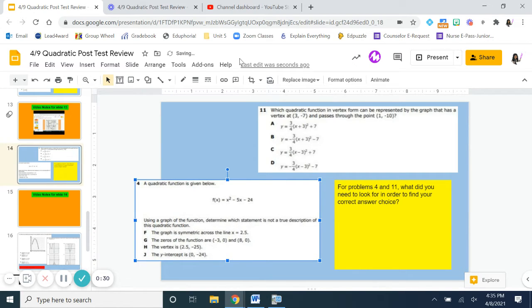All right. So I need a statement that is not a true description, okay? It also tells me that I have to look at a graph of the function. So I may want to actually plug that in and see what's going on there because it doesn't actually give me the graph, okay?